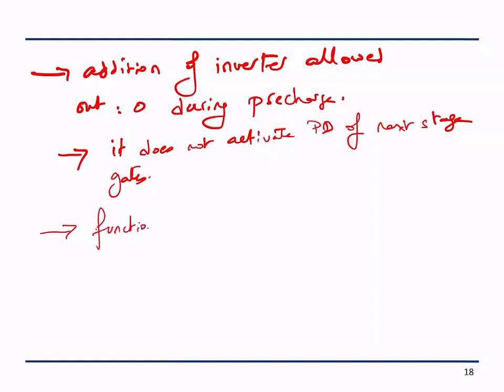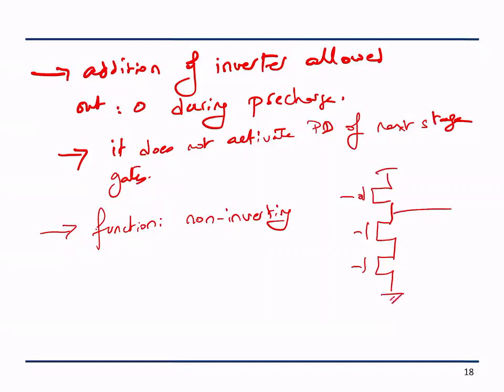In terms of the function, really I have now non-inverting functions. Why? Because during evaluate, if this is my domino gate, when A equals 1 and B equals 1, this node will be pulled down to 0 and therefore the output will be 1.